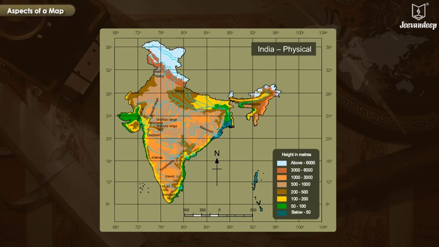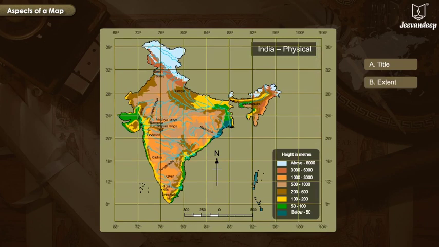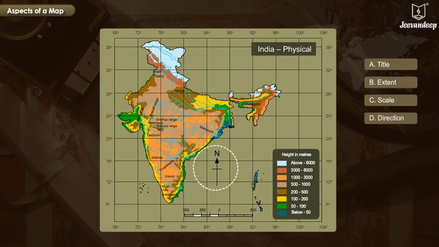While reading a map, certain important aspects need to be seen carefully: A. Title. B. Extent. C. Scale. D. Direction. E. Legend. And F. Theme.